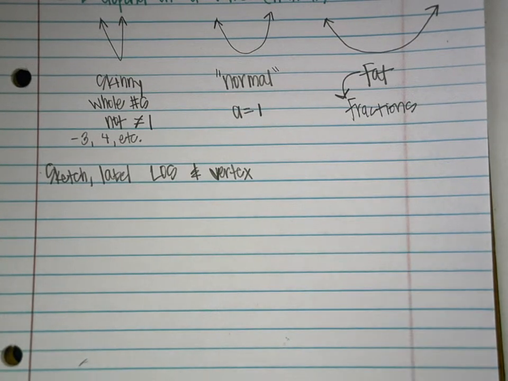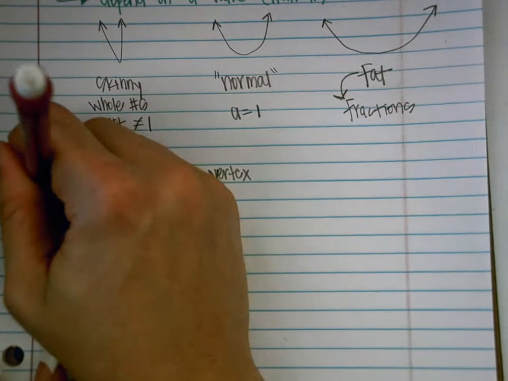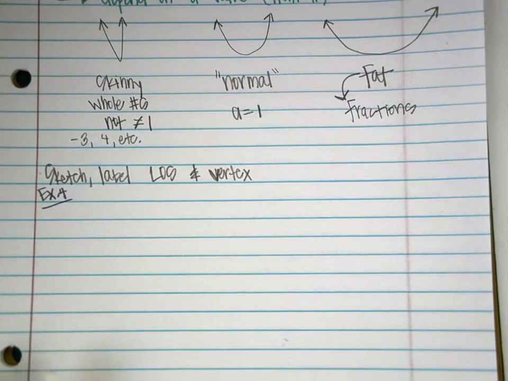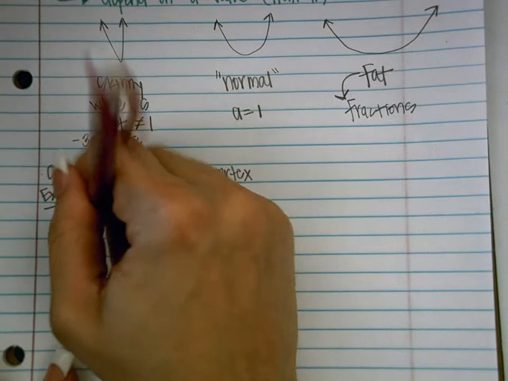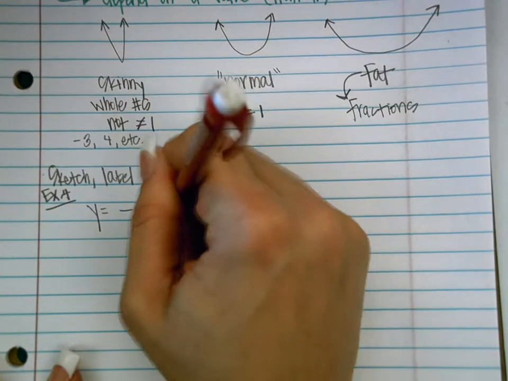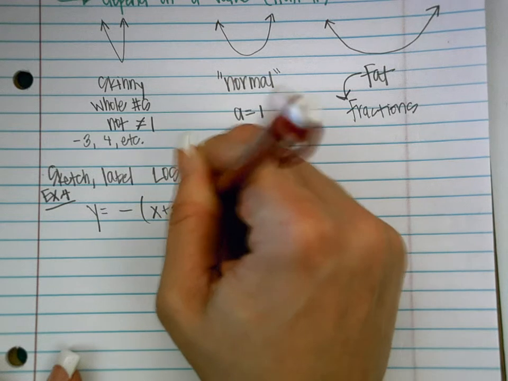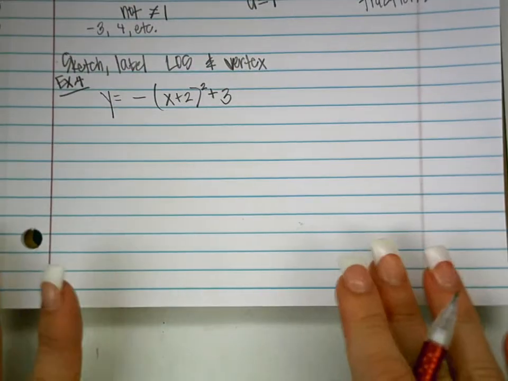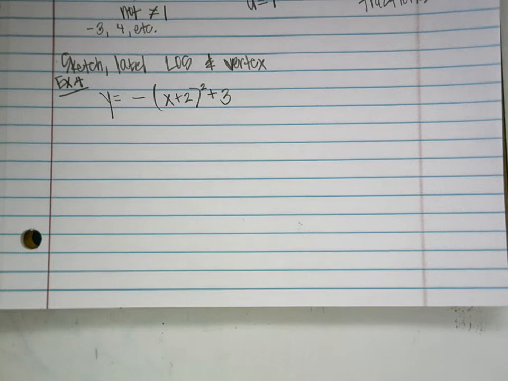Okay? So for number 4, and for all the rest of them, we are going to sketch, label the line of symmetry, and the vertex. For example, number 4, y equals negative times x plus 2 squared plus 3.